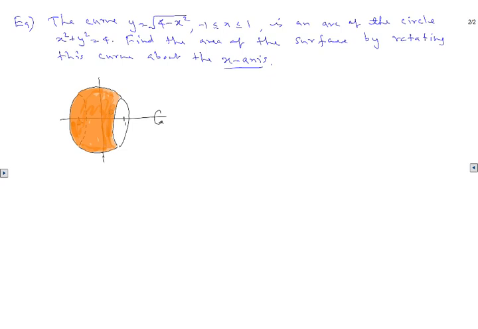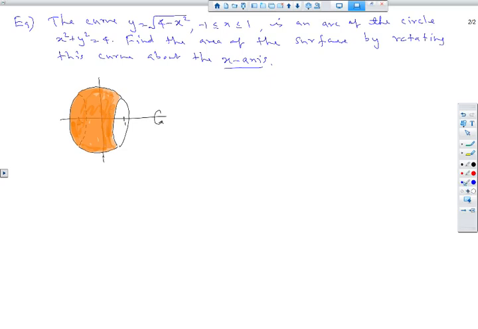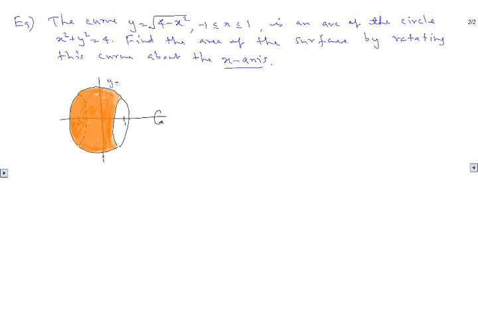We need a few things here, and we know this curve is y equals the square root of 4 minus x squared. That is 2, that is -2, and the values go from -1 to 1 along the x-axis. We're going to use a formula.